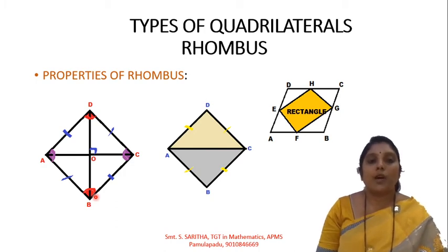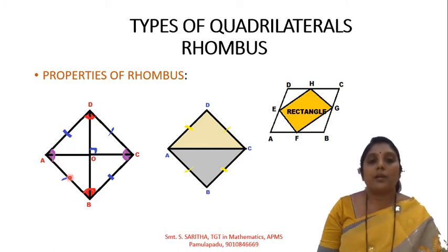Since rhombus is formed from parallelogram, all the properties of parallelogram are satisfied for rhombus also. That is, opposite angles are equal and sum of two adjacent angles is equal to 180 degrees. Angle A plus angle B is 180 degrees, angle B plus angle C equals 180 degrees, angle C plus angle D equals 180 degrees and angle D plus angle A is equal to 180 degrees.